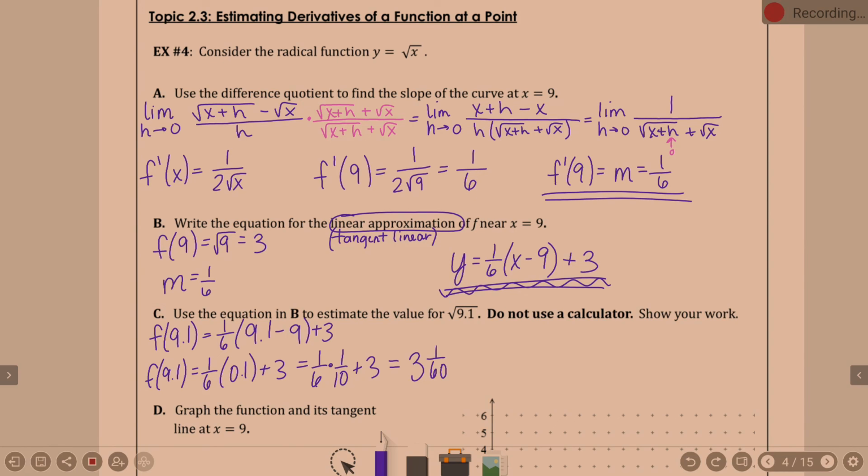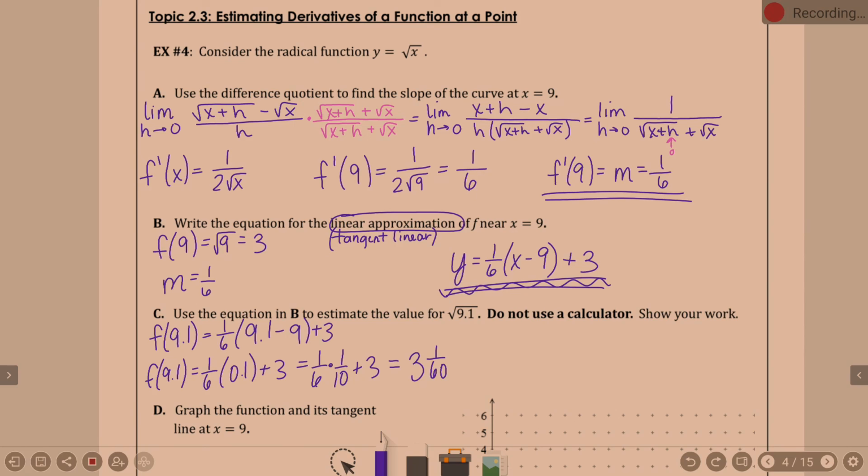I have 3 and 1/60th written down, or 181 over 60. I also have a decimal written down. How did I get that decimal? I had to have used a calculator. One-sixth is 0.1666666, and then you times that by 0.1.